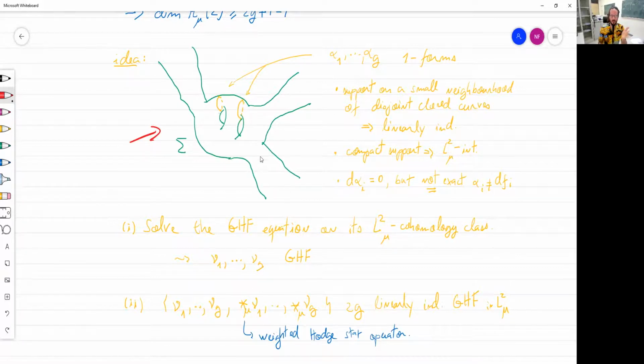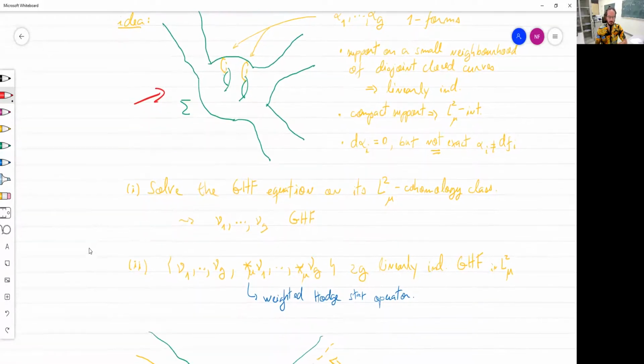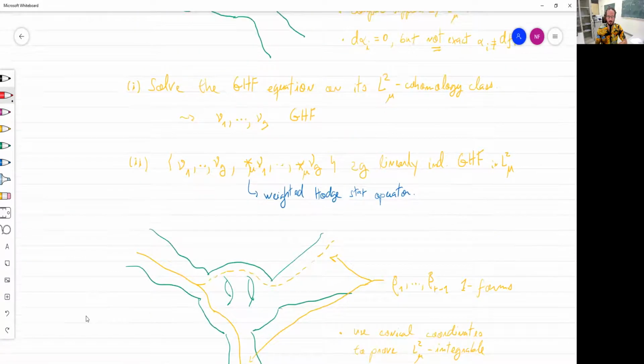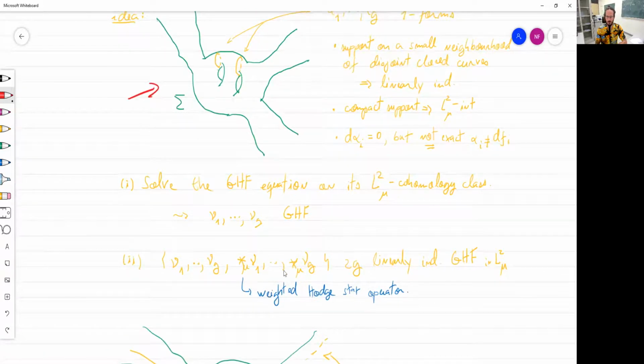Now to construct the ends, to detect the ends, we need to construct a different kind of Gaussian harmonic one forms. This one is pretty straightforward. This is just looking at these non-trivial curves. And the 2G comes from just using the Hodge star operator.